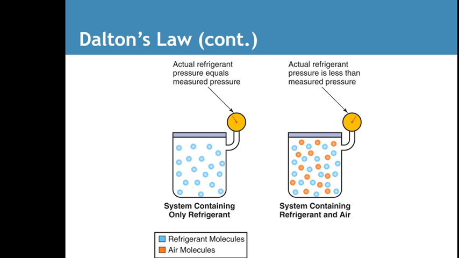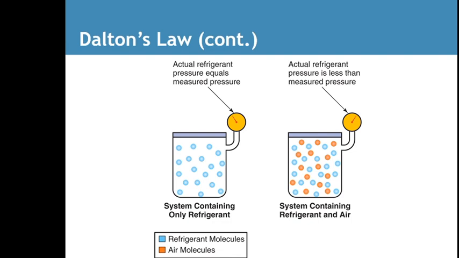So you can change the compression of these. But in this case, what Dalton's Law tells you is when you have a state where there are mixed gases in a cylinder, you have to take the pressure of each gas and add them to calculate the total pressure. So in this case, the addition of the air molecules actually increased the pressure of the cylinder.